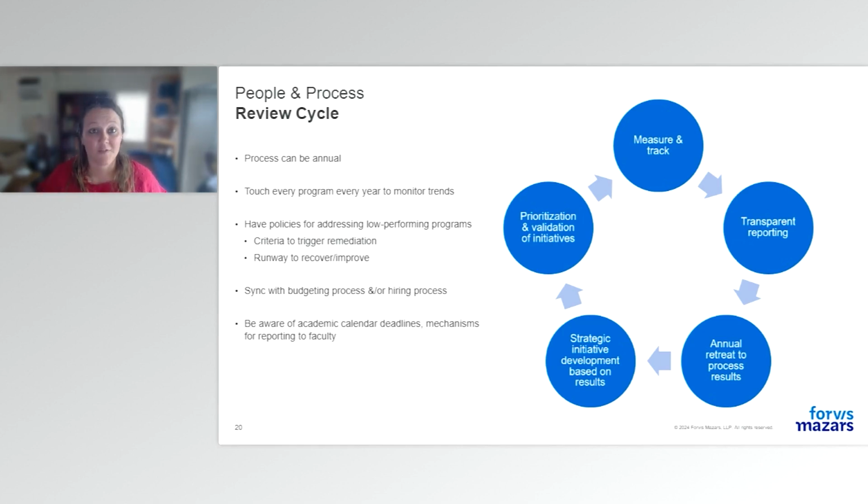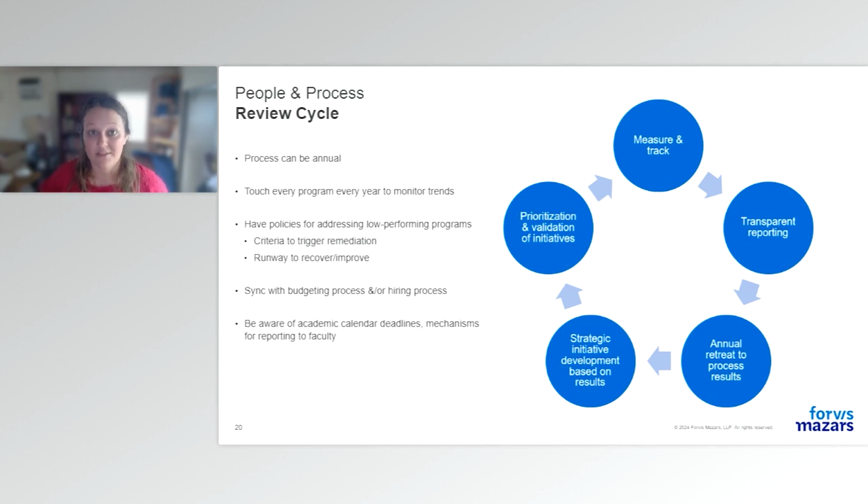Make sure you have policies for addressing low-performing programs. I recommend a remediation protocol. So you have specific metrics that trigger a program going into the red. Those programs are probably programs where enrollment is declining, there's very little collaboration between those programs and other programs at the institution, there's very little alumni engagement, expenses are going up, and there's very little market demand.